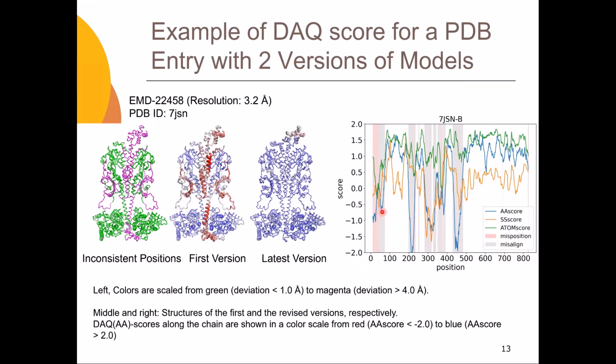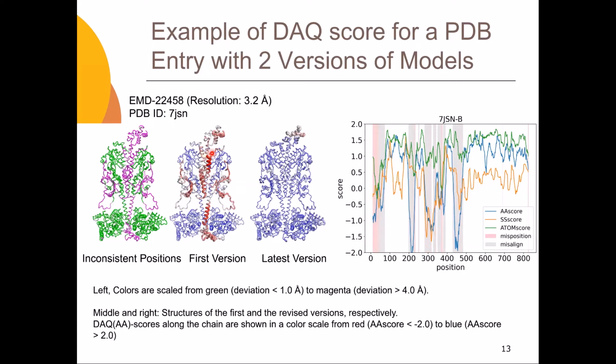If you look at this region, the amino acid score is low, and the C-alpha position score is also negative. So most likely the conformation in this region could also be improved, because not only the amino acid assignment but also the C-alpha position has a negative score.